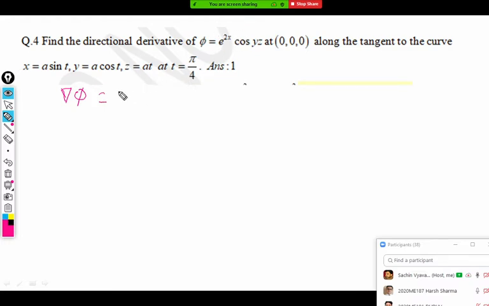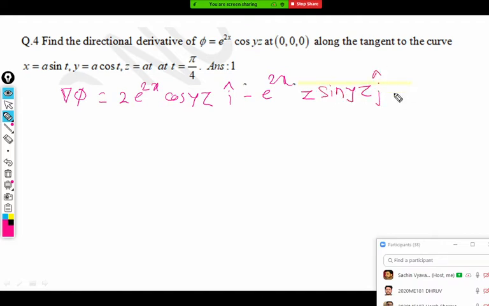So dou phi by dou x is 2 e to the power 2x cos yz i cap, then minus e to the power 2x sin yz times z, and minus e to the power 2x y sin yz k cap. That is the general directional derivative.